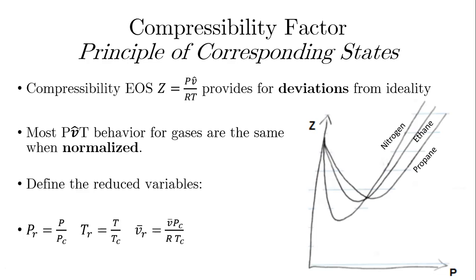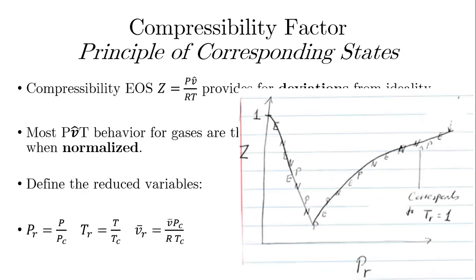That's the point where a liquid can no longer be established. Okay, if I divide the pressure by the critical pressure, I'll get what is called the reduced pressure. And same thing with the reduced temperature, and a reduced volume is not specifically what you think, but it looks like that.